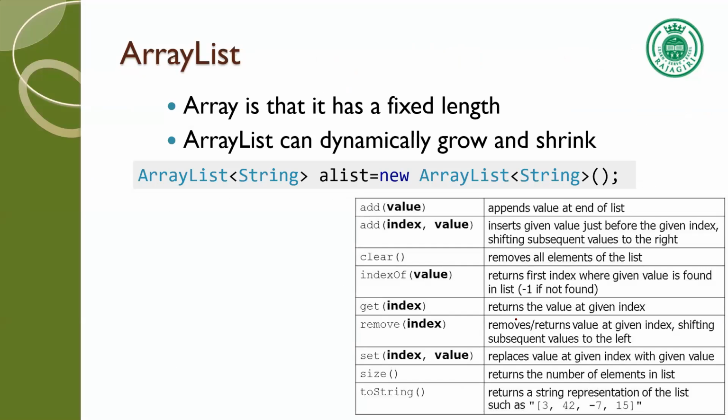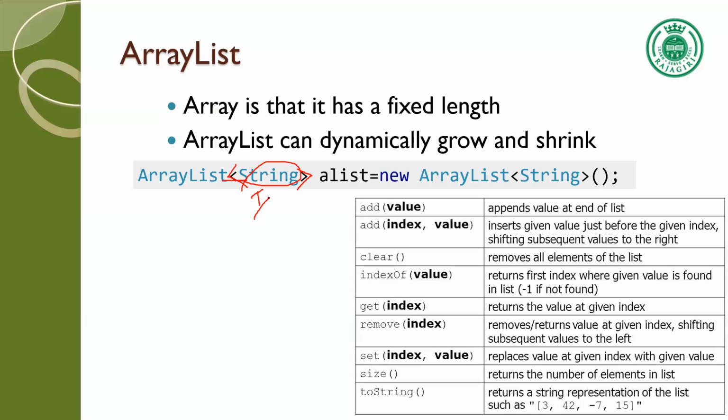array list. Now, whenever you create any collection, this will be the syntax. ArrayList, and here you can write whichever data type you want. Hope you remember this angular bracket symbol. You can either write string inside or integer inside, whichever you want.